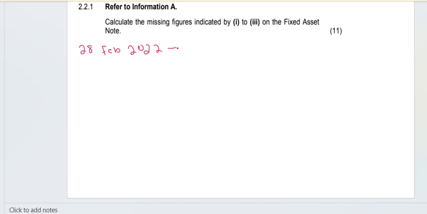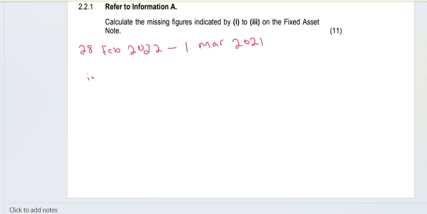If it ended on February, that means it started on 1 March 2021. Right. So this is our accounting period.